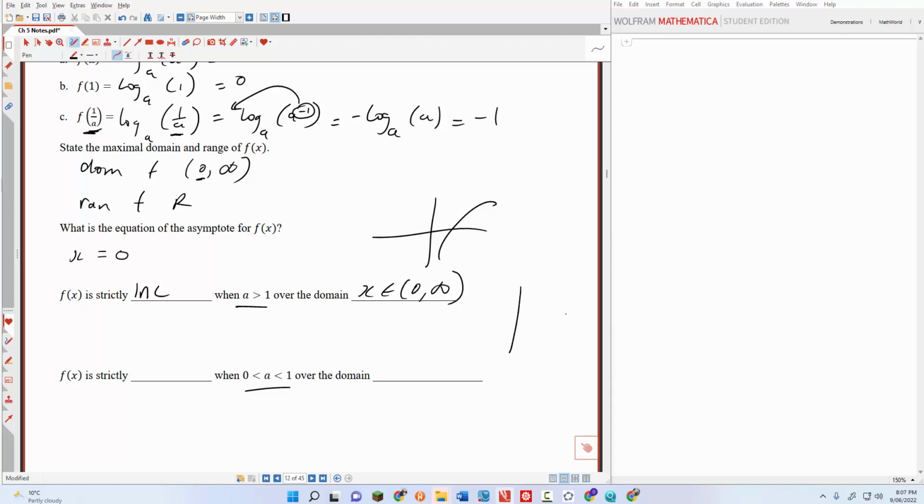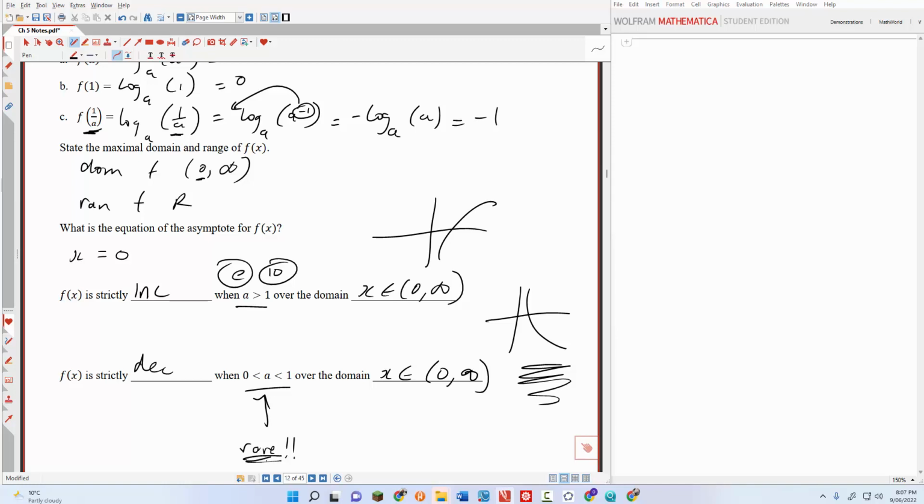So that is going to produce this kind of graph, and it's going to be strictly decreasing over the domain x an element from 0 to positive infinity. You're just going to have to trust me on that one for the moment. This actually rarely happens. Generally speaking, we use bases e or 10, so this one is quite a rare thing to actually happen in the first place.